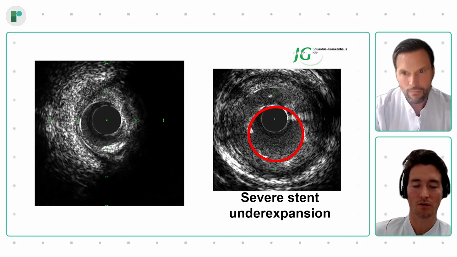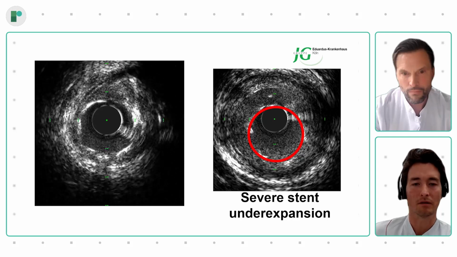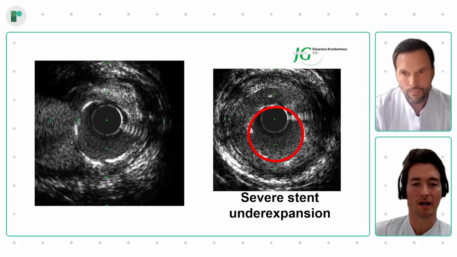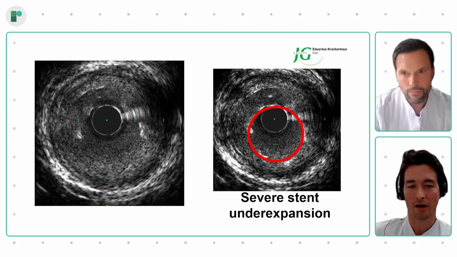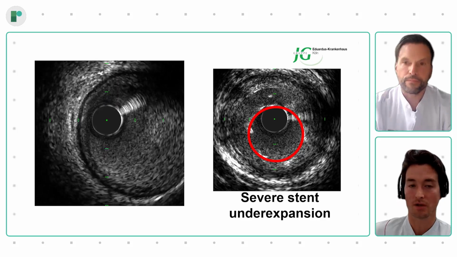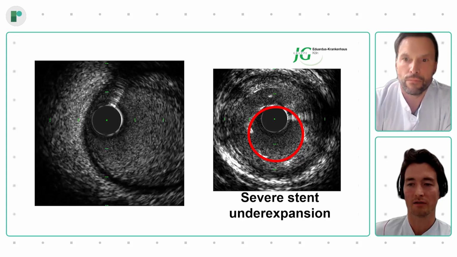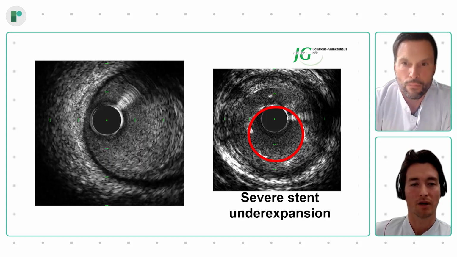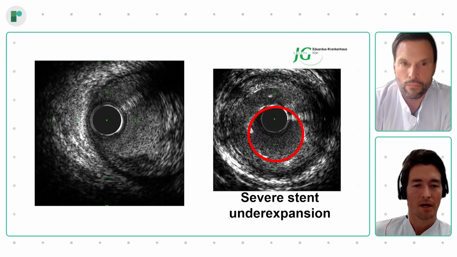The angio really did not show a very pathological finding or a very tight stenosis. So I think FFR or iFR would have fooled you in this scenario, because there was no real stenosis, and there would not have been any other way to find out the pathology underlying this case.